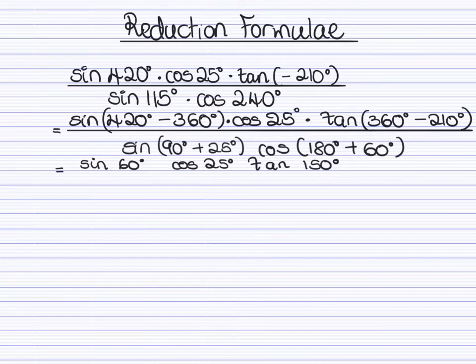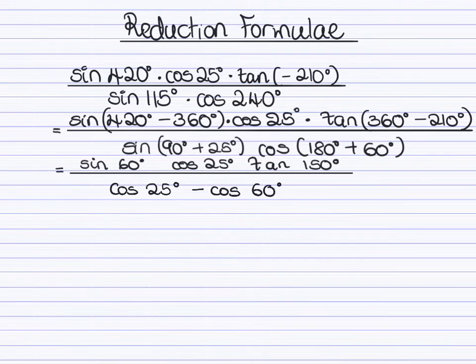In the denominator, I will be left with cos 25 degrees and negative cos 60 degrees. Examining my expression now, I see that there are elements that I can cancel out, and there are also elements that I can further reduce.